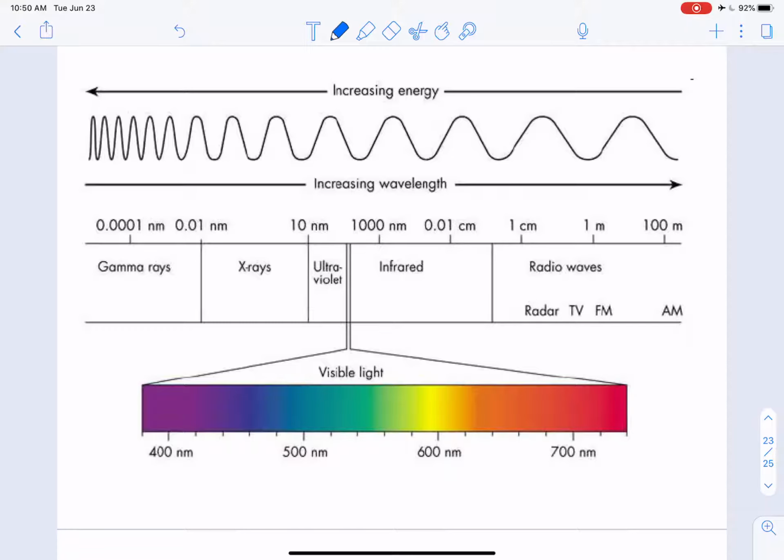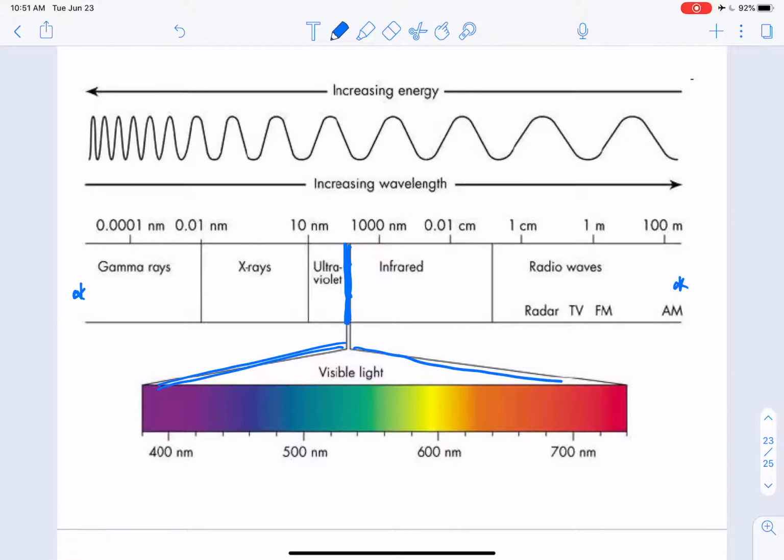So what we have in the electromagnetic spectrum is highly energetic regions over here, like gamma rays and x-rays, and low energy regions like radio waves, like in radar, TV, FM, AM, those really long waves over there. And what we have in the middle here, right next to ultraviolet, is our visible region, which is really tiny, the amount of light that we actually see with our eyeballs, and expanded, it's down here.